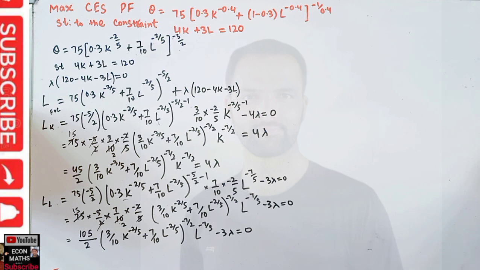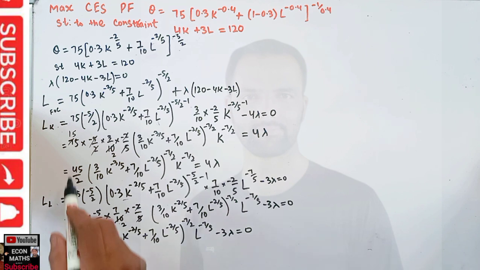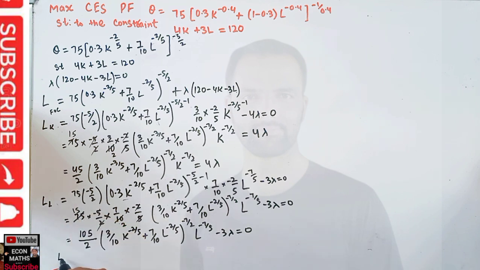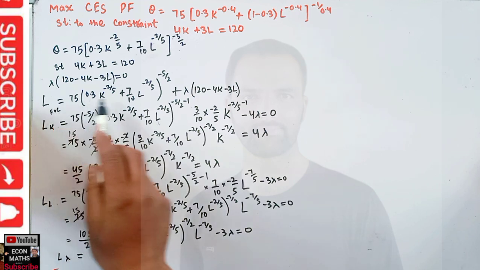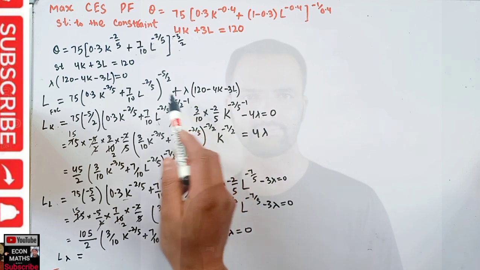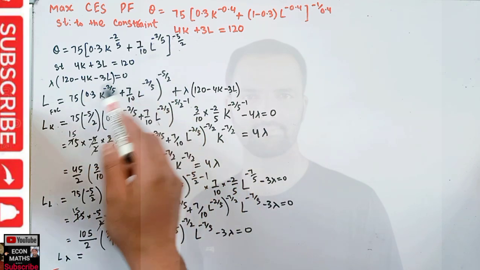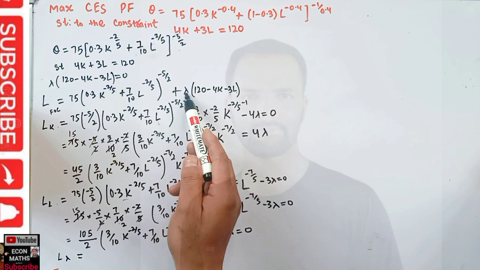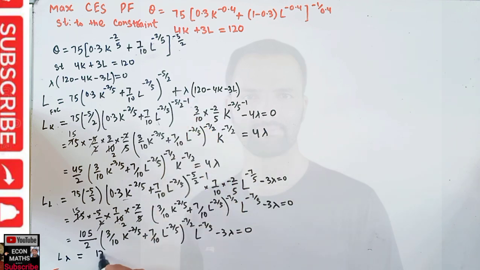Okay, now we need to take the derivative with respect to lambda. So taking the derivative of Lagrange's function with respect to lambda, since no lambda is involved in the first term, the derivative of lambda is 1, so we are left with 120 minus 4k minus 3l is equal to 0.